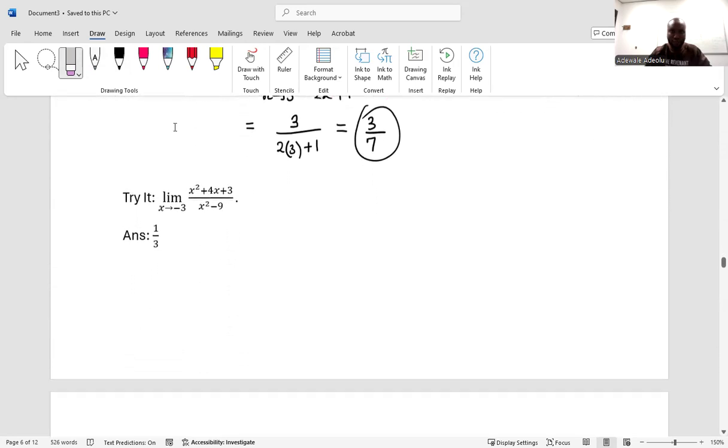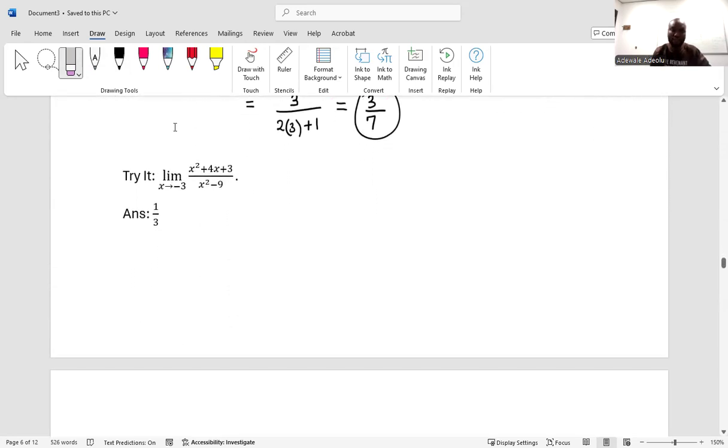Now, this is time for you to also work this out. So try this. I put the answer there, so you should pause the video and work this problem out. The answer should be 1 divided by 3, 1/3. All you need to do is to first ask yourself, is it in this form? You must show that. Don't just go ahead and find the identical function.